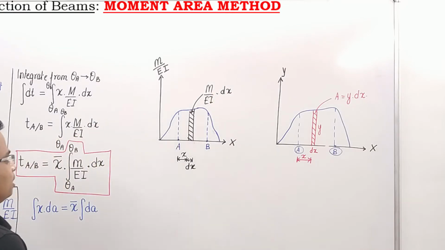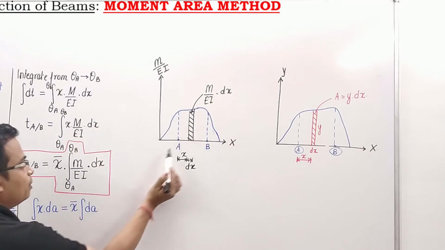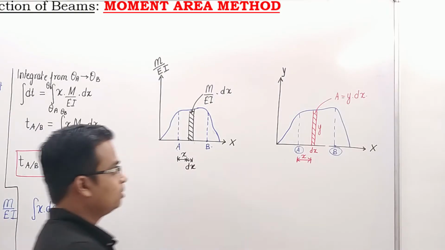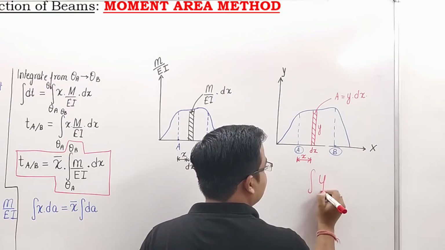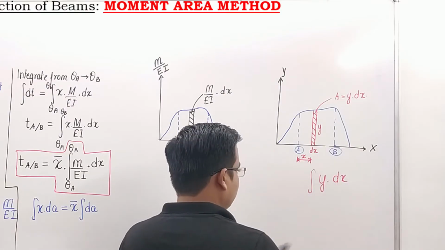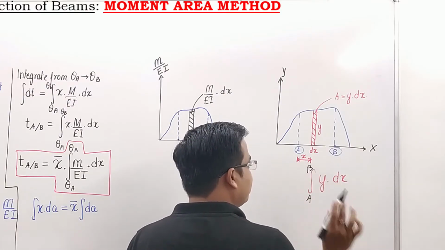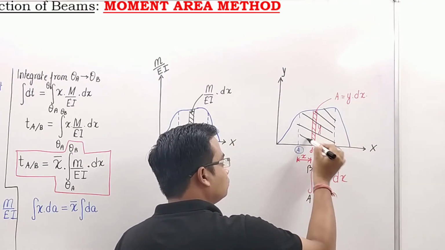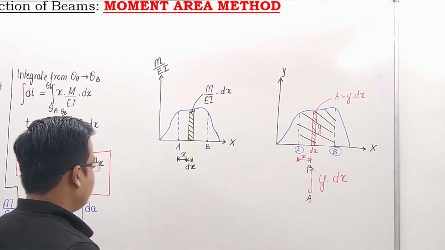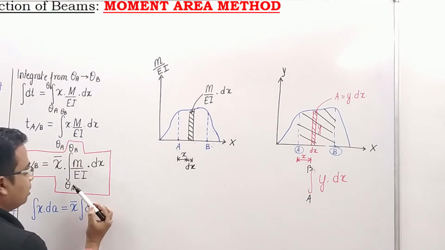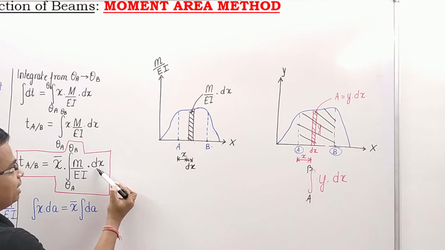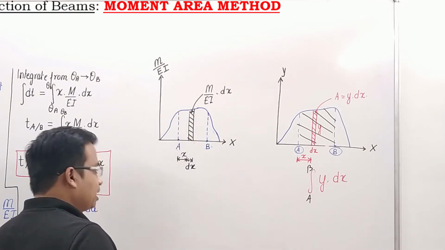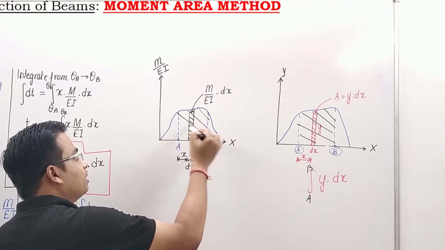So one thing is clear, if you want to integrate from A to B, let me tell that once again. If I write it like this, integration y dx from A to B, what do I exactly mean geometrically? I mean this area, right? And when I write integration from A to B, M over EI dx, we are sliding this from A to B. That means again we are going to cover the entire area.